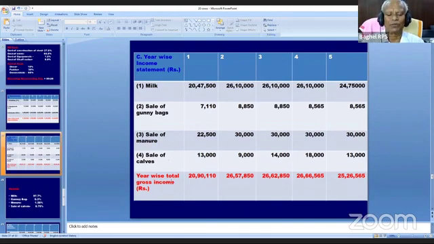The year-wise total gross income is 20.9 lakhs, 26.6 lakhs, 26.6 lakhs, 26.7 lakhs, 25.3 lakhs. This is actually calculated data. You will not find any exaggeration, and you can calculate.